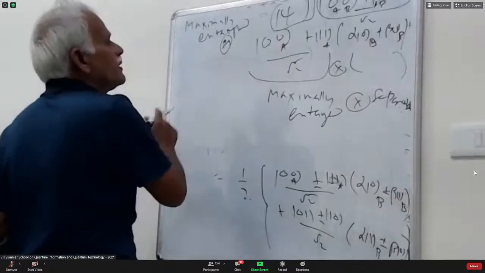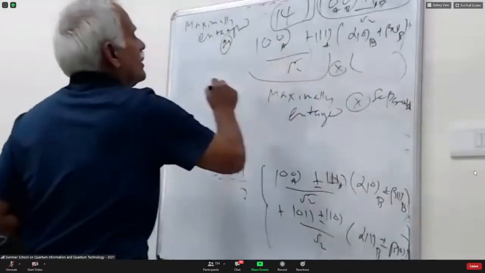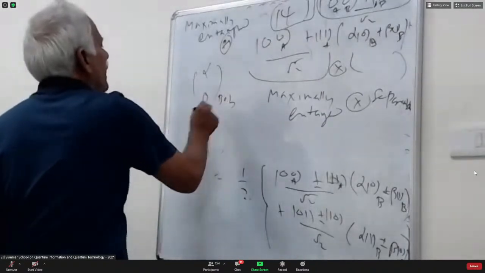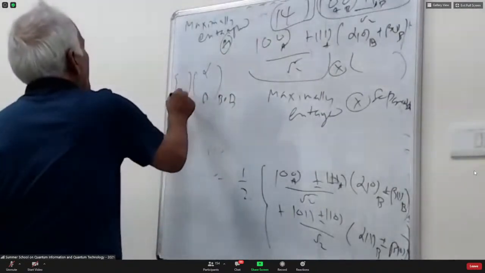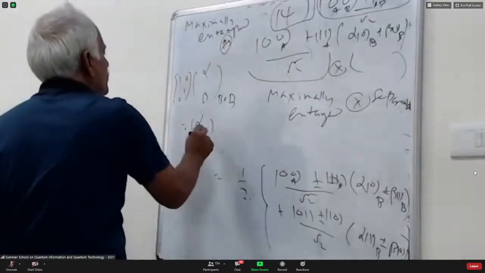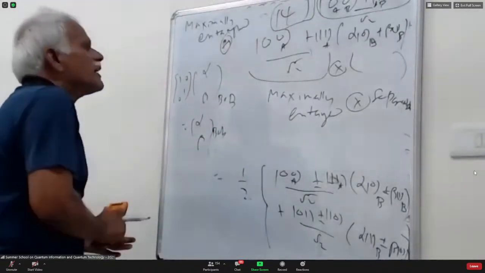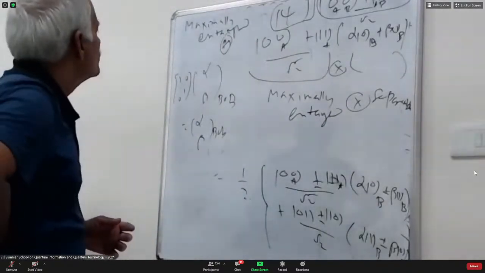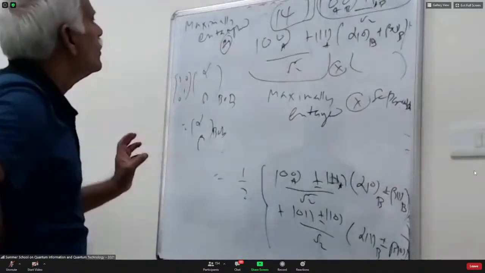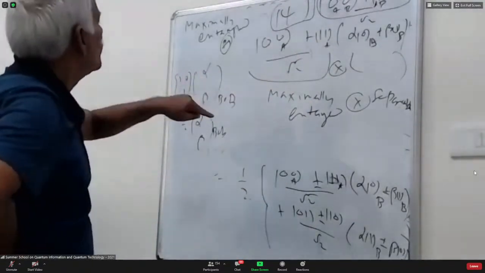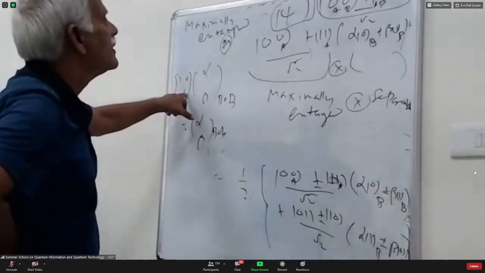So after measurement, the state at Bob is alpha beta, and apply identity. That means 1, 0, 1, 0. So alpha beta, Bob. You see, the state has been recreated at Bob's end by measurement in Bell basis, local communication, and apply identity.